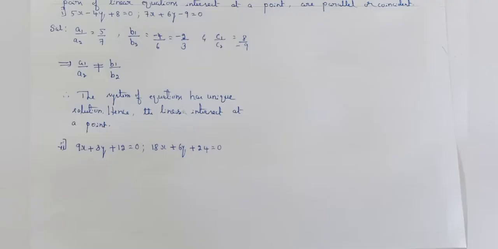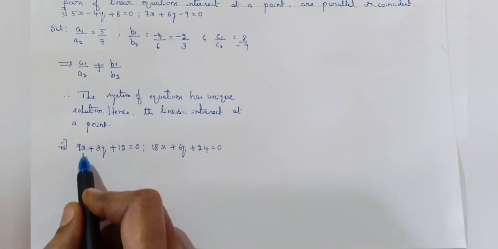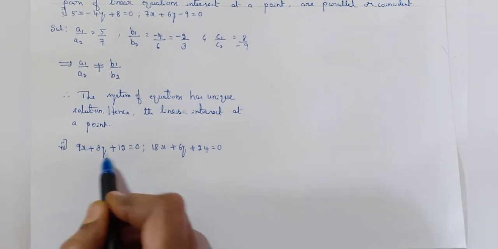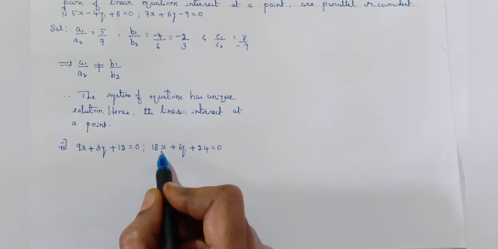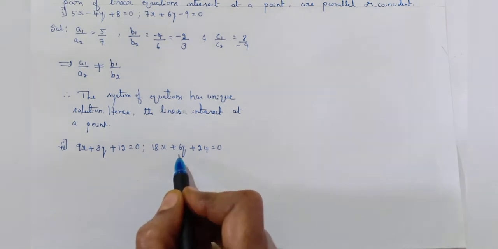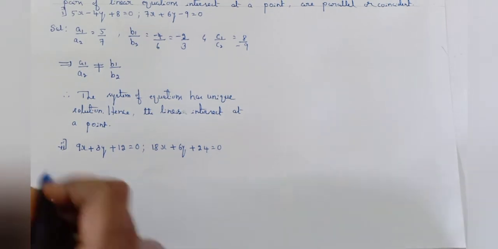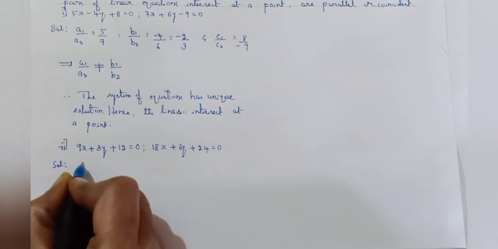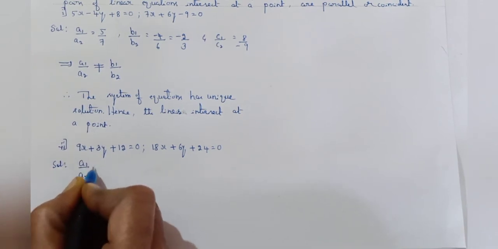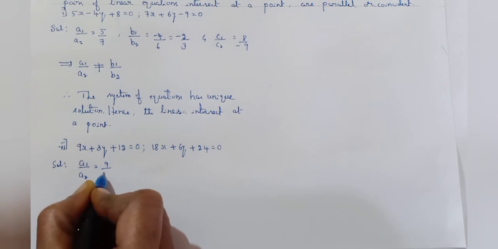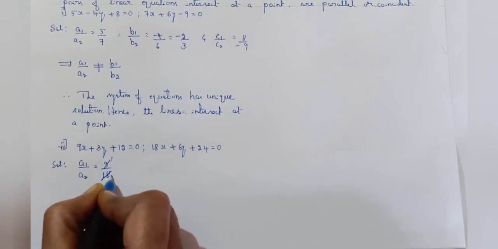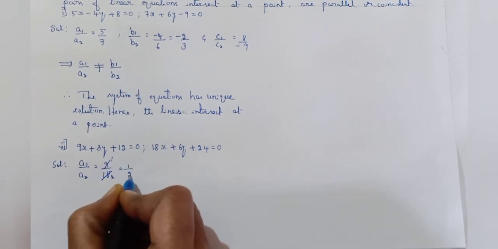Next question. Here A1 is 9, B1 is 3 and C1 is 12 and A2 is 18, B2 is 6 and C2 is 24. Now find out A1 by A2. A1 is 9, A2 is 18, 9 by 18 is 1 by 2.